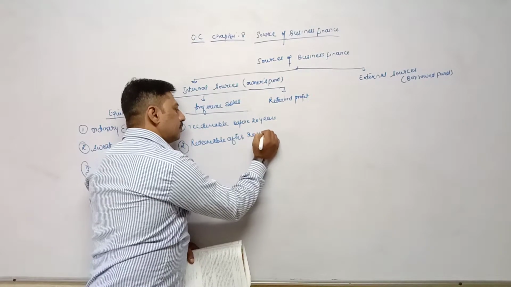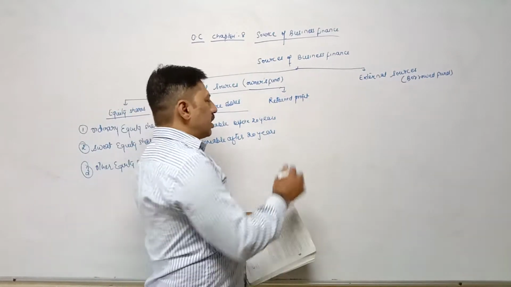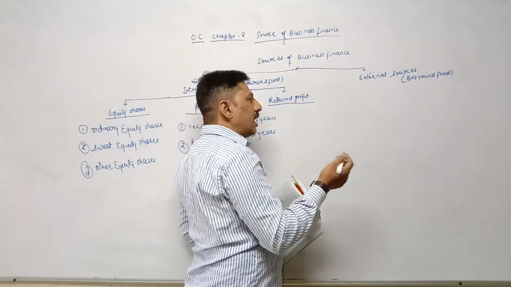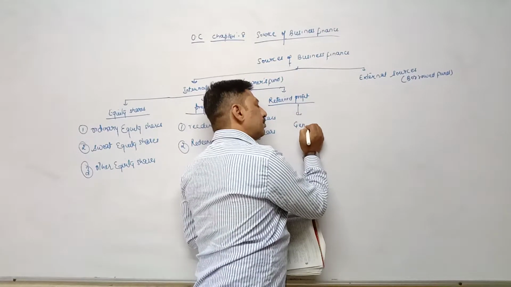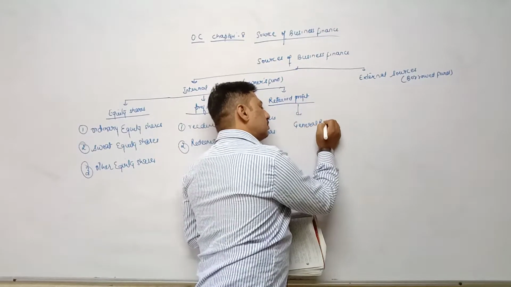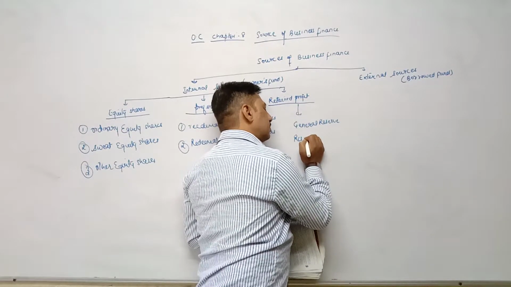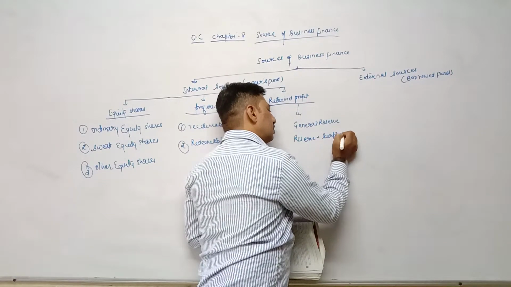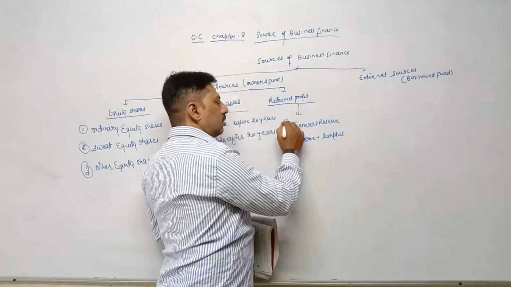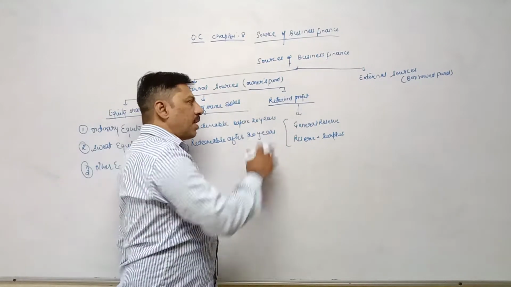Retained profit has different names. For example, general reserve, reserve and surplus, or this has a different name. Another name is plugging back of profit.